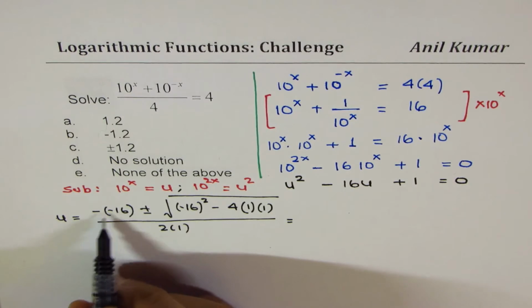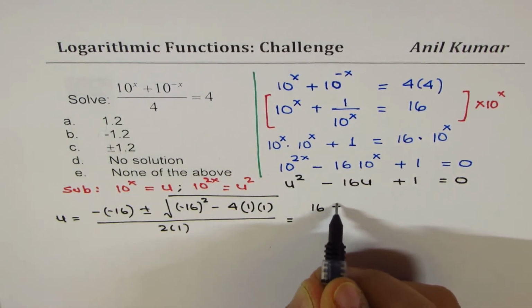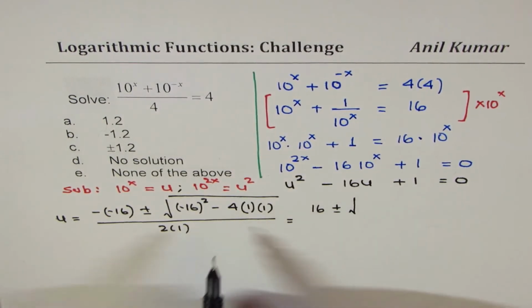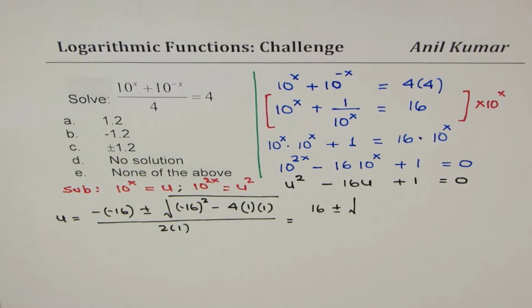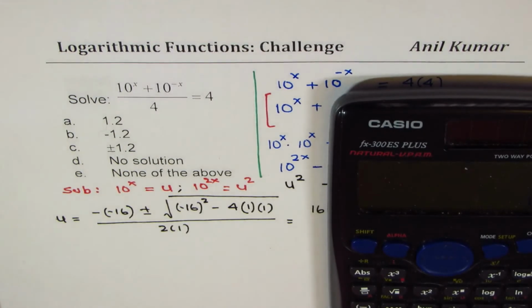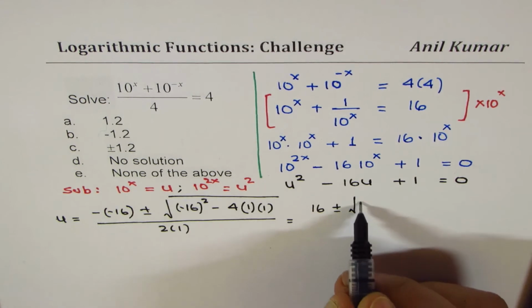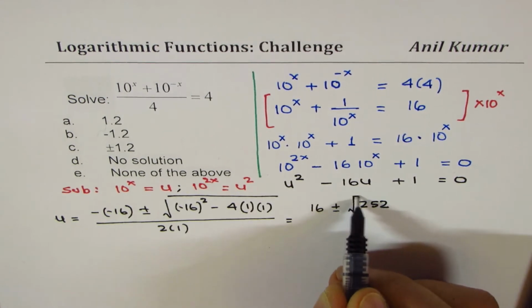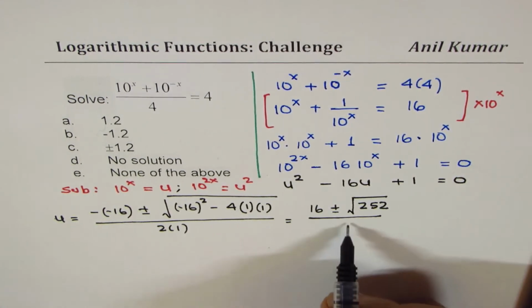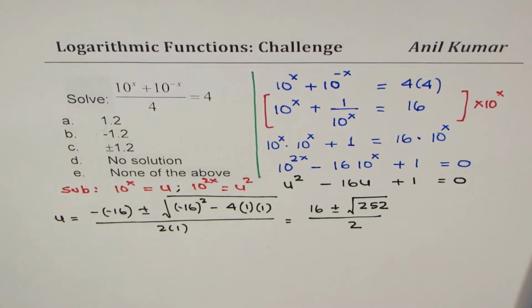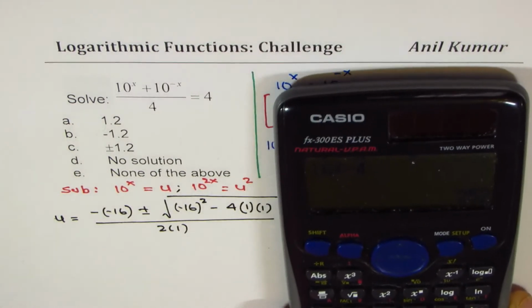So that gives you 16 plus minus the square root of 16 square minus 4, which equals 252, divided by 2.